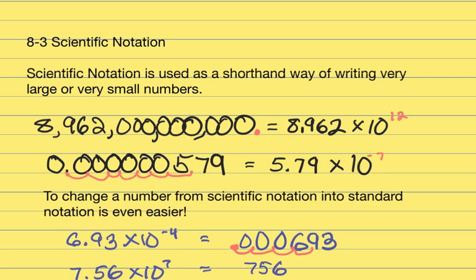So I'm going to move my decimal 7 places to the right, since it's a positive exponent. 1, 2, 3, 4, 5, 6, 7. And then I'll fill in my hops with zeros. So be careful. You're not adding 7 zeros, you're moving your decimal 7 places. In this case, moving my decimal 7 places simply meant I added 5 zeros.